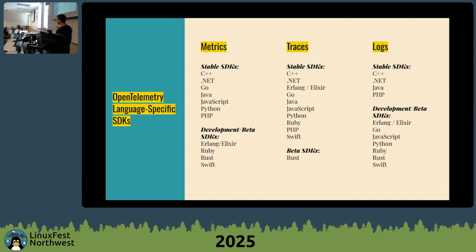Logging was just sort of formalized as a signal type at the very, very end of 2023, and so those libraries are still reaching stability. Tracing is extremely mature, and metrics is mature in the most common languages. If you'd like to contribute, all of these SDKs are open source, and they would love to have your contributions.